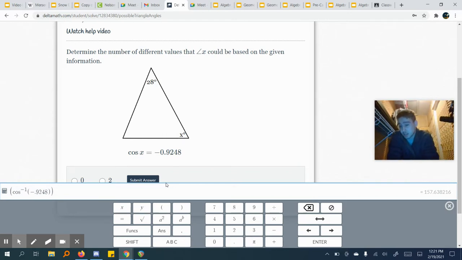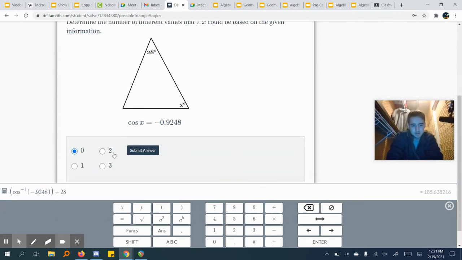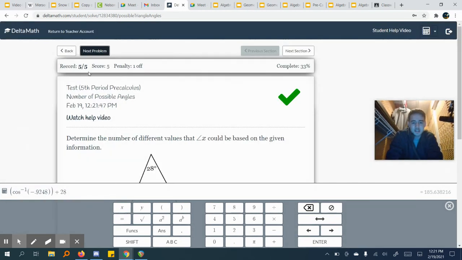I think we get the other side of that. So we're not actually going to have anything that works well for cosine, because this plus 28 degrees is more than 180. So it's going to be 0. Basically, just follow this along. I trust you to be able to do this.